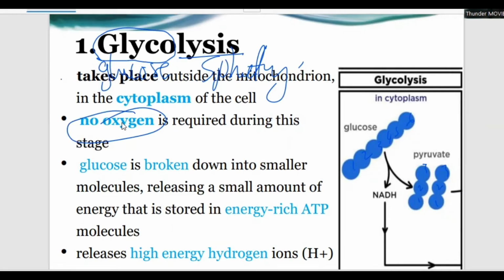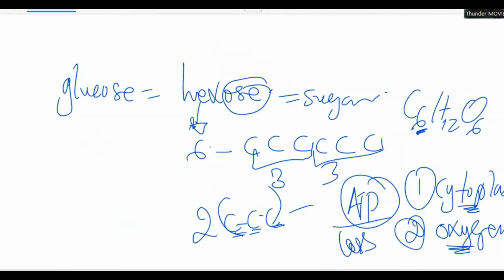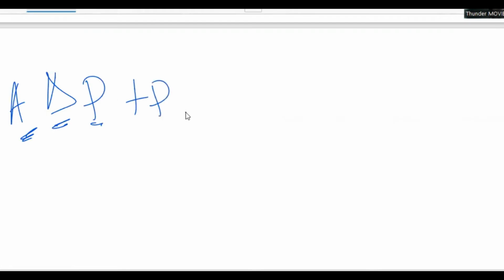So the glucose molecule is broken down into smaller molecules. Remember we said that these smaller molecules are made up of 3 carbon atoms, and a small amount of energy is released and stored in energy-rich ATP. Don't forget that during phosphorylation, you have ADP, which is adenosine diphosphate, plus an inorganic phosphate.